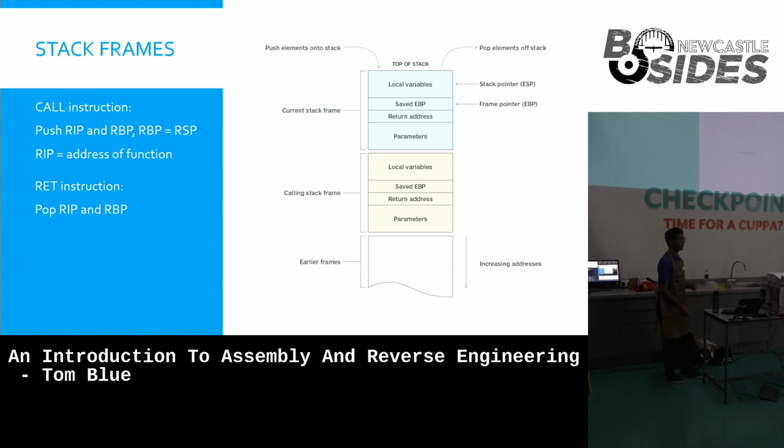So when the call instruction is run, you push the instruction pointer and the base pointer onto the stack, and then you set the base pointer to be the stack pointer, because the new base is the top of the previous stack frame.